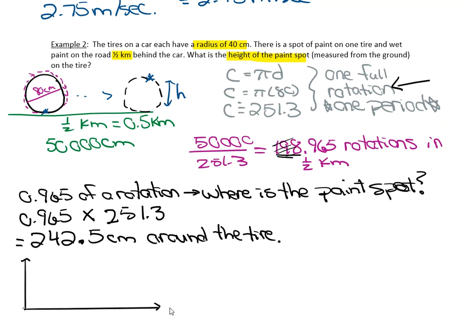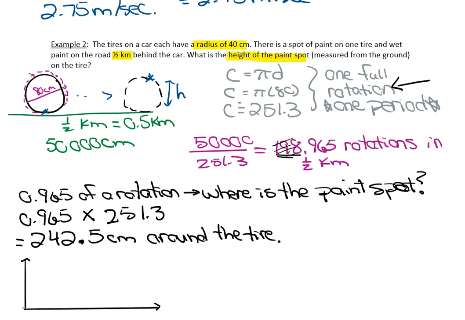There's nothing about time in this question, and time is your go-to for your independent, right? We're not talking about time. Both of them are distance. Our independent down here is the distance traveled by the tire or by the spot of paint. And the vertical is the height above the ground.